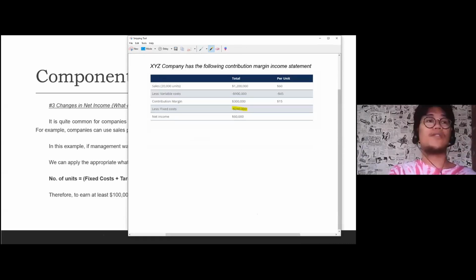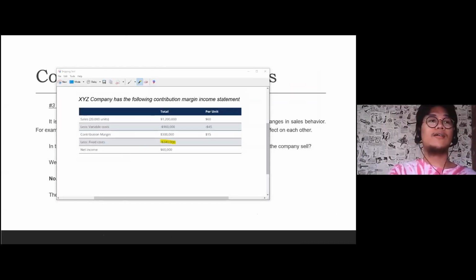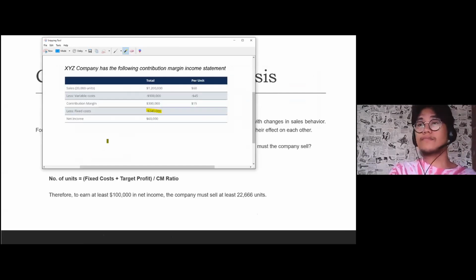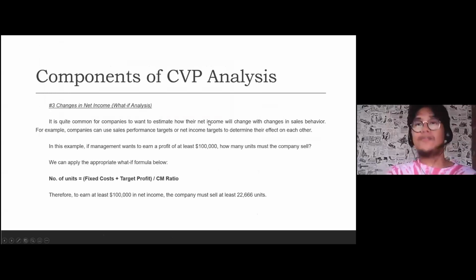Ano yung target profit natin? It's 100,000, then we will be dividing it by your CM ratio, no? So the company must sell at least 22,666 units.